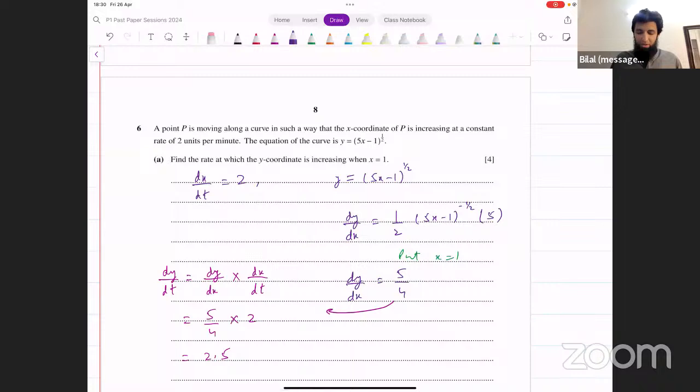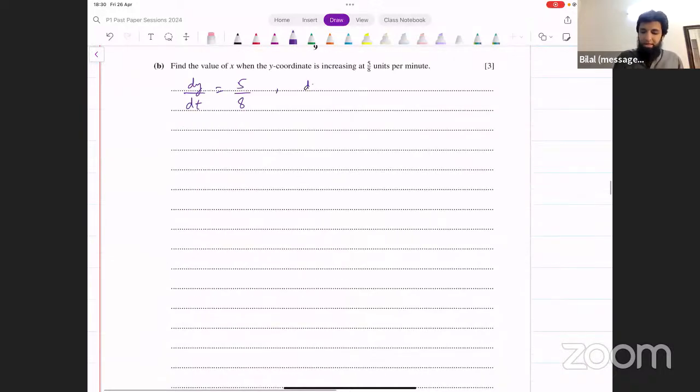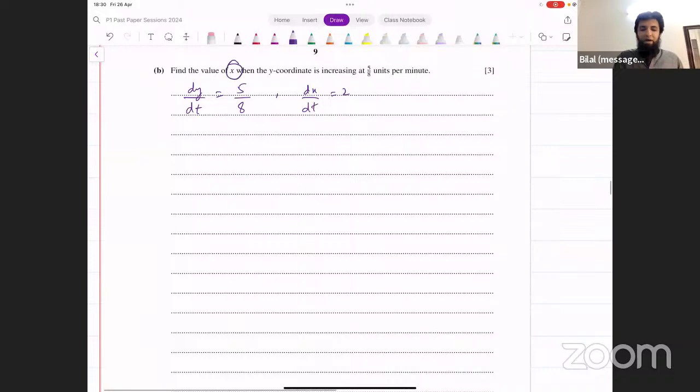Dx over dt was constant. Dx over dt was 2. We need to find the value of x from this. Now we've got dx over dt and dy over dt. What we can do is we can find dy over dx from this. What's that going to be?